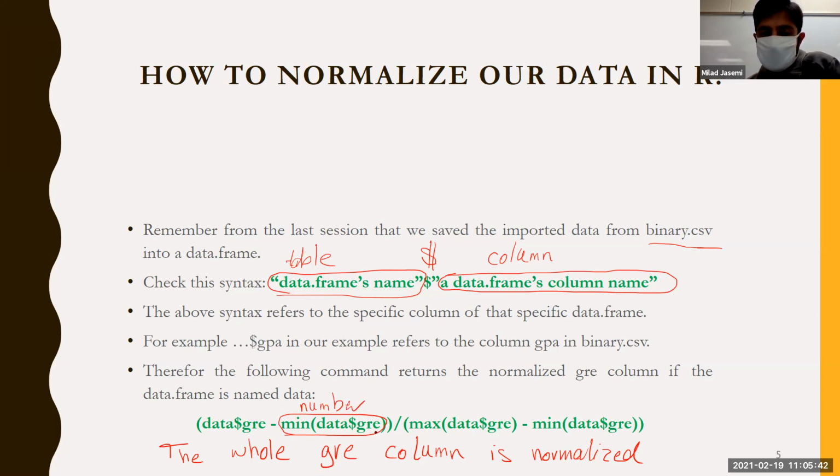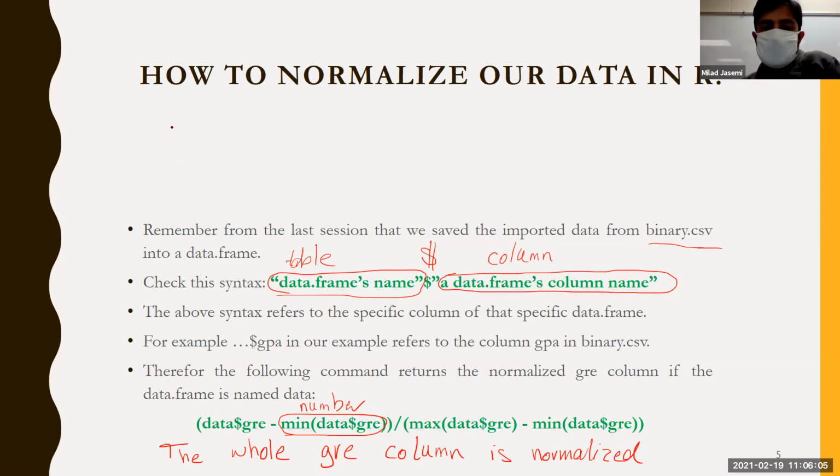Another awesome aspect of R that makes it super easy is this. Here we have a column, an array, a vector, but you can subtract a number from an array. How does it happen?